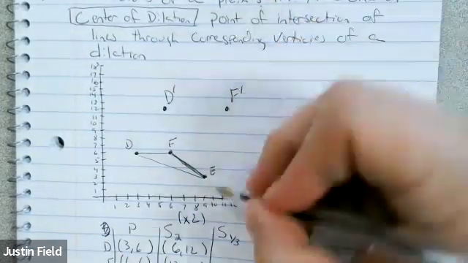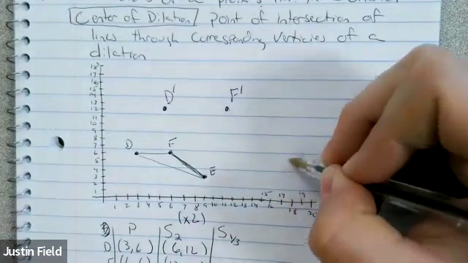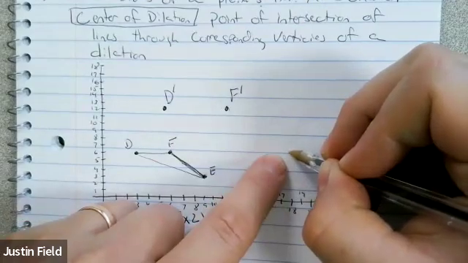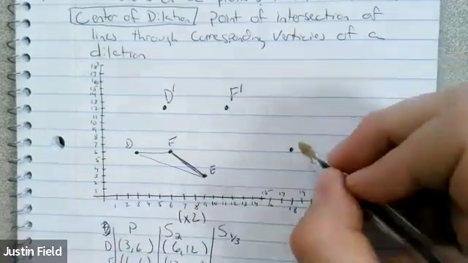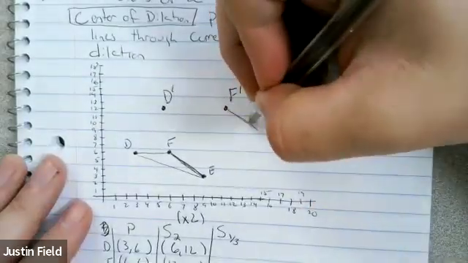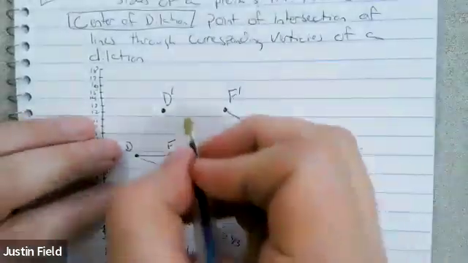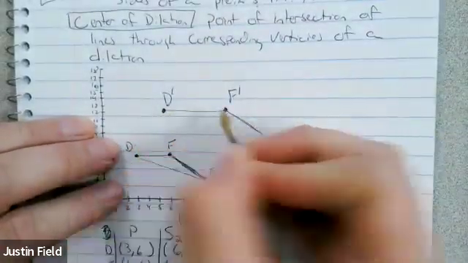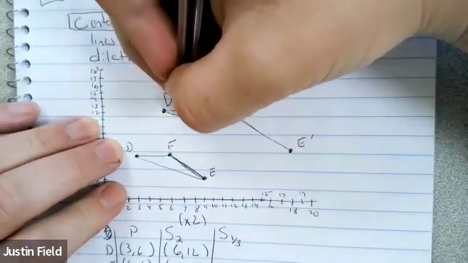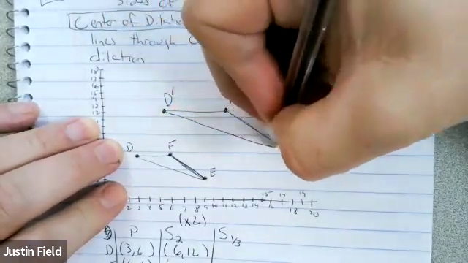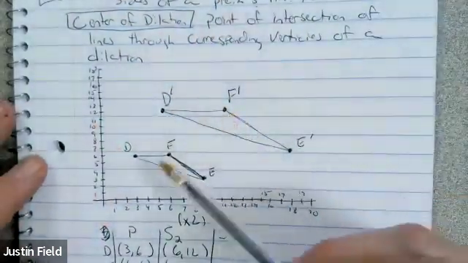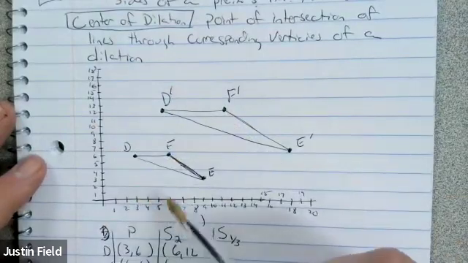And E prime, 18, 6 is going to be right about here. So now I can connect it, and I would advise using a ruler, even though I'm not. I'm trying to be real careful, but it can be difficult. So you can kind of see it's a similar figure, but it's just bigger.